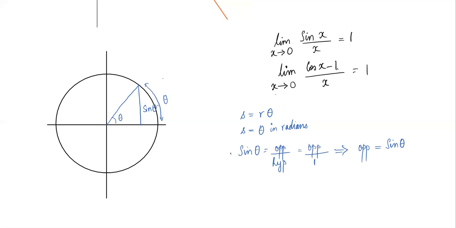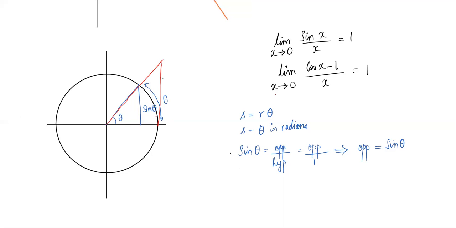And then I can say, well, theta is an angle between 0 and pi over 2. Now, the whole idea is trying to draw a squeeze theorem. So I'm trying to squeeze sine theta between two things. Okay. So I'm going to take a larger triangle like that.